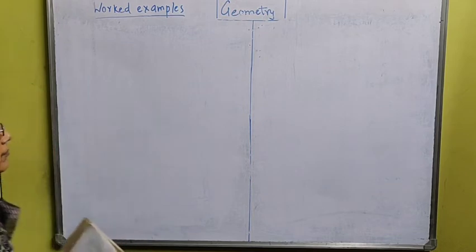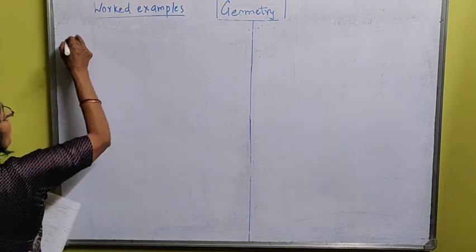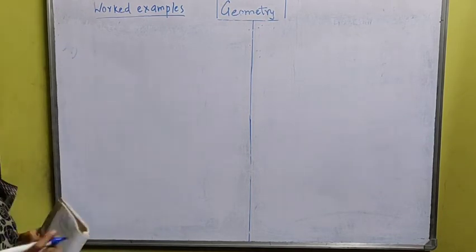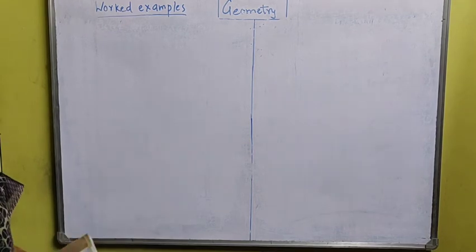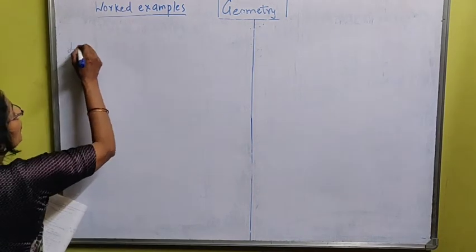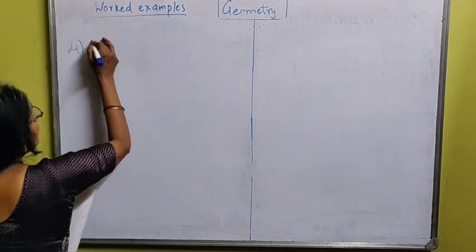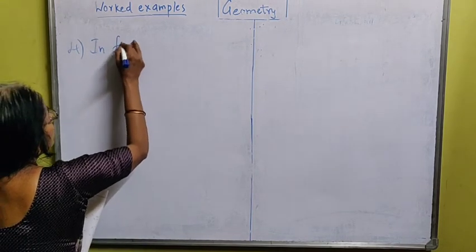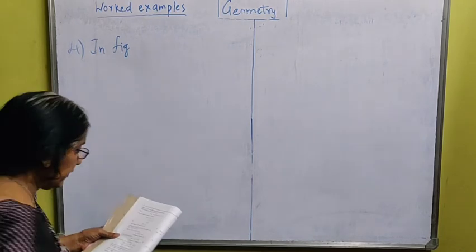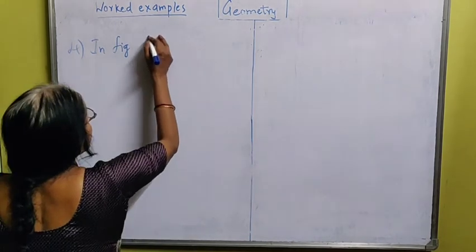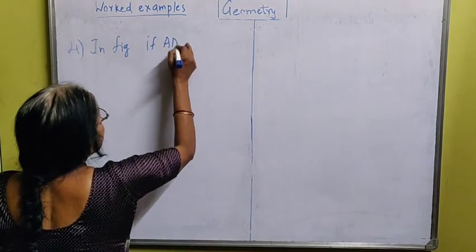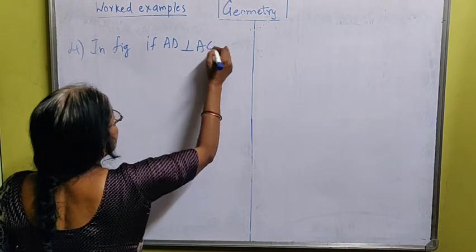Now we will see problem number 4. What is given in problem number 4? Let us see. In the figure, here also a figure is given to you. In the figure, if AD is perpendicular to AC.